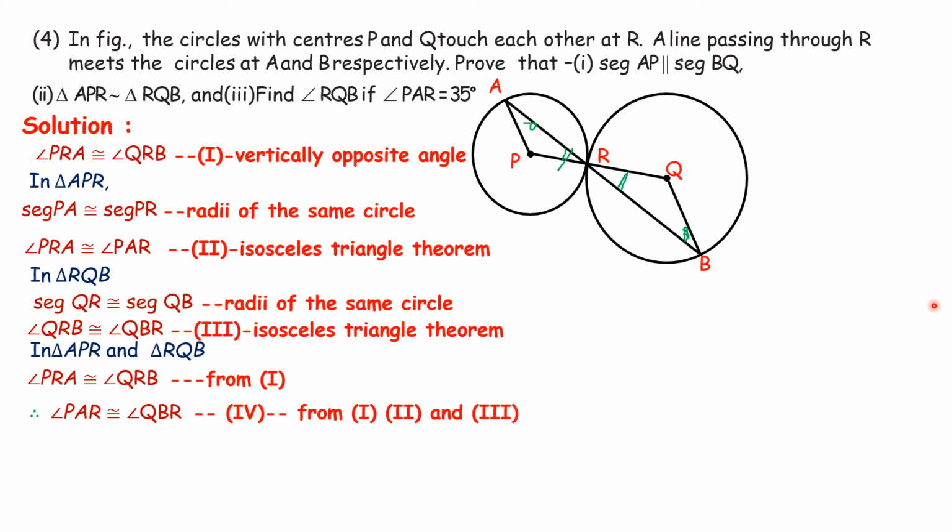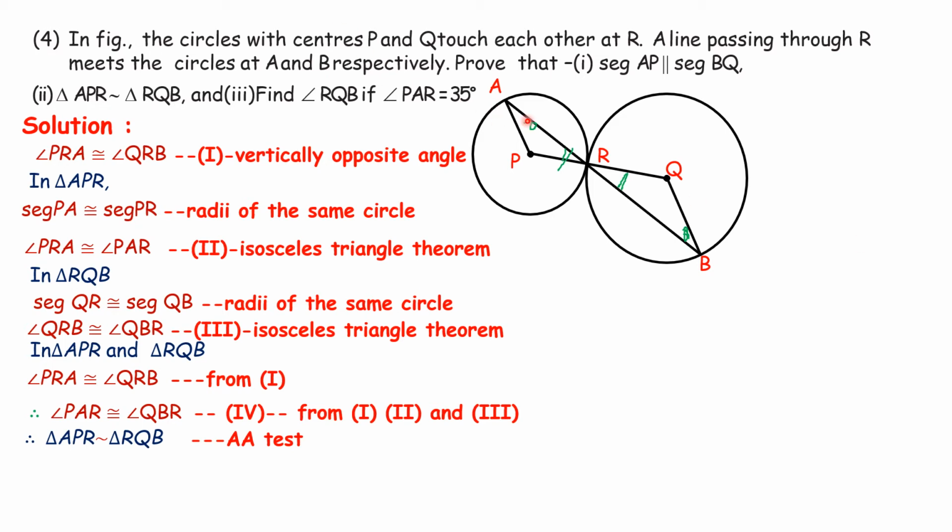This is statement number 4, from 1 to 3. In these two triangles, two pairs of angles are congruent. Therefore, triangle APR is similar to triangle RQB, AA test.